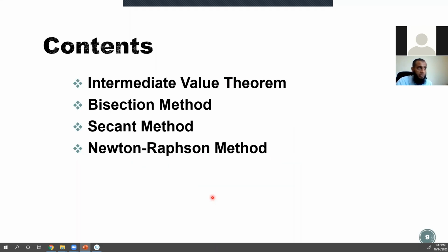The first one is the intermediate value theorem, the second is the bisection method, and then the Newton-Raphson method. I believe the easiest method is the intermediate value theorem.